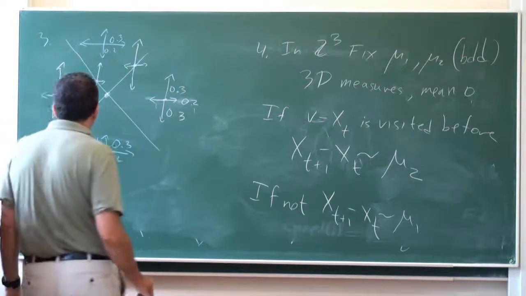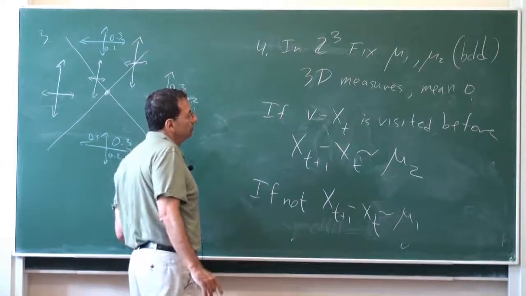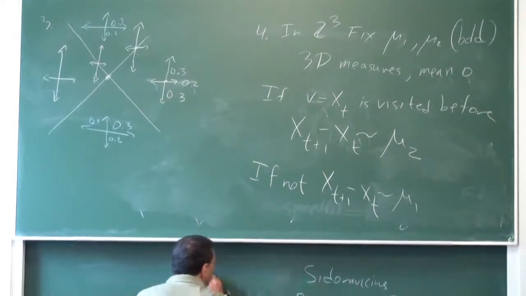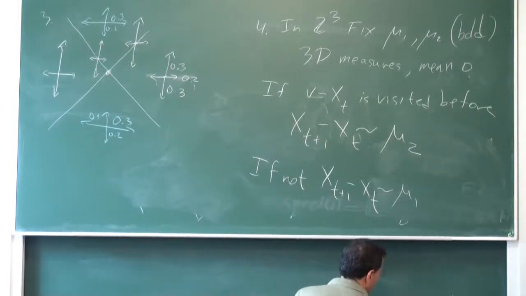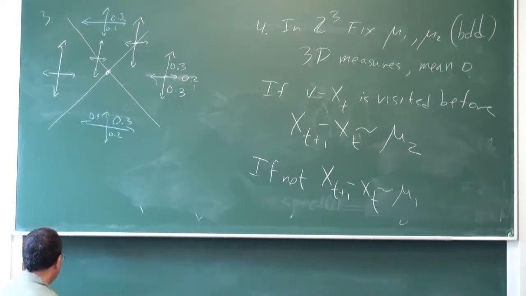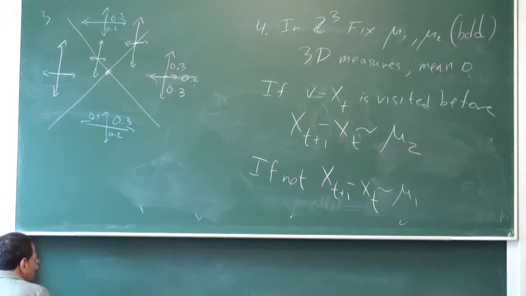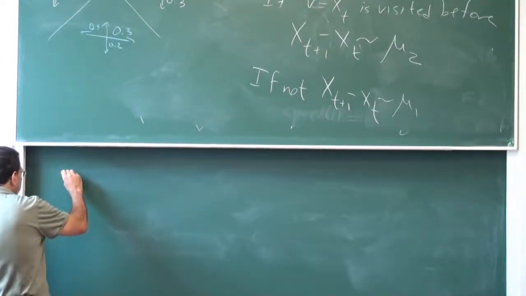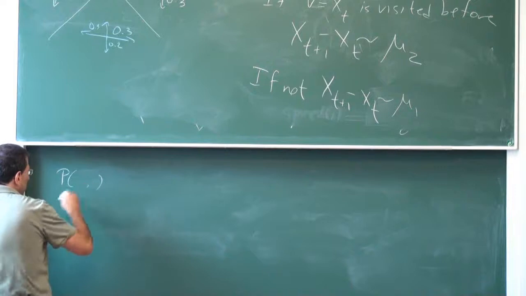So here are some transience criteria. This is after all a countable state Markov chain, and so for a countable state Markov chain, we have a chain P, right?